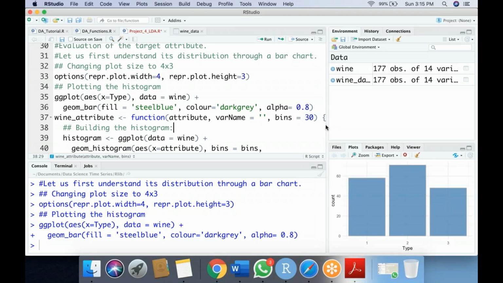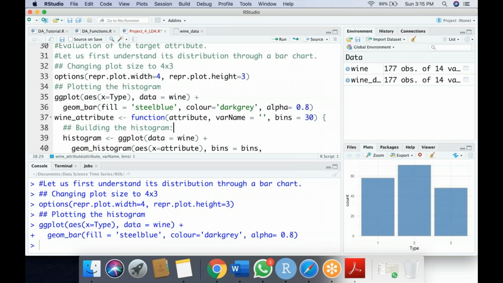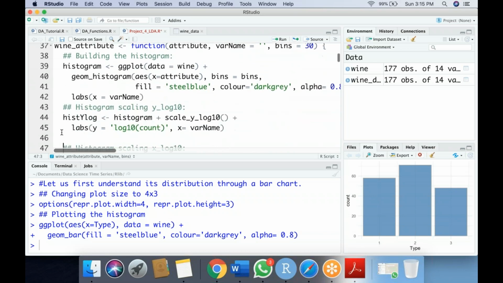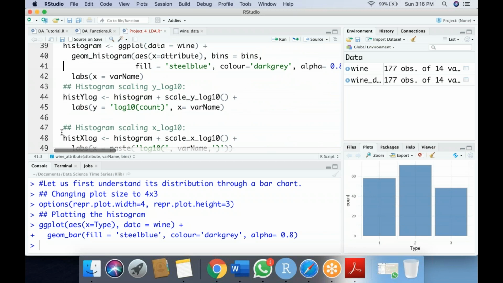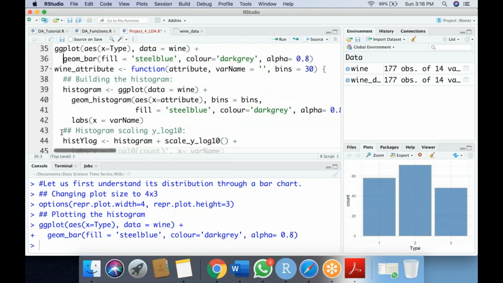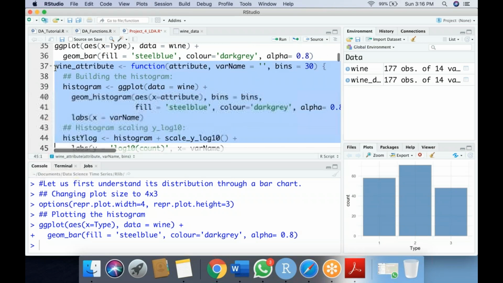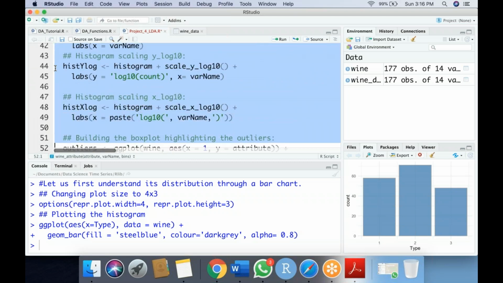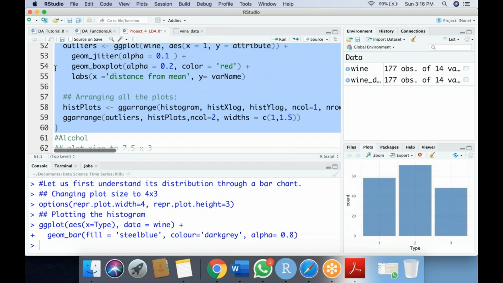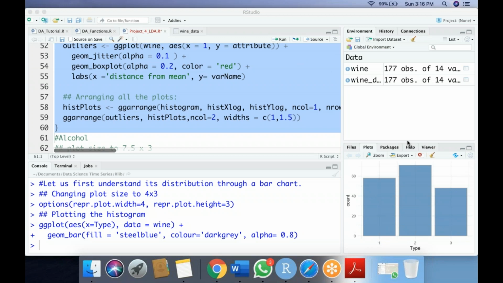Now we will write a small function, and that function, with all these parameters, will create the histograms, and then we will plot them one by one. This is a bit complex code, so I suggest you take this code and run it. You have got that function.